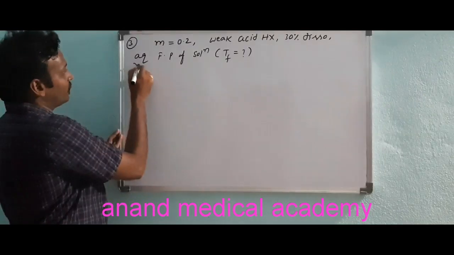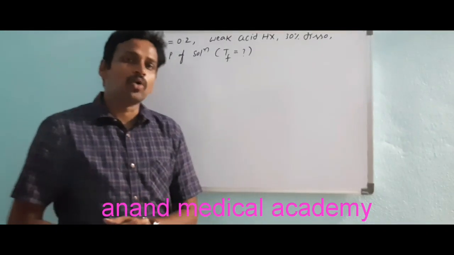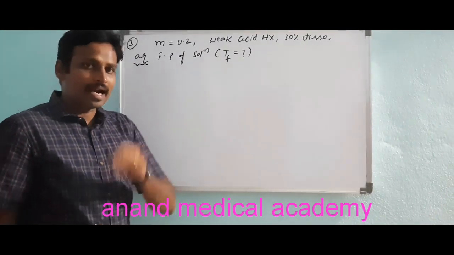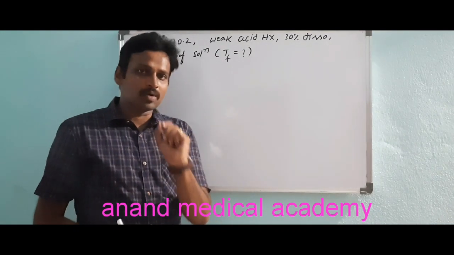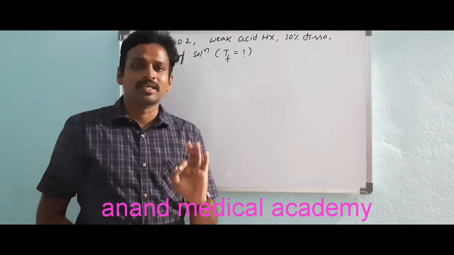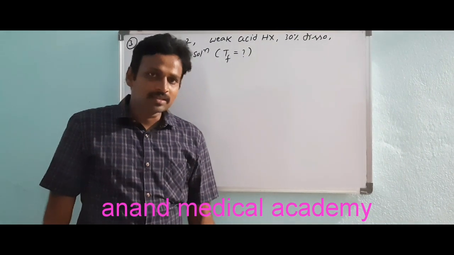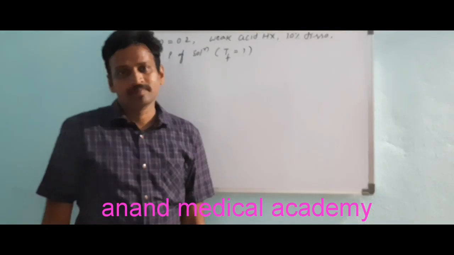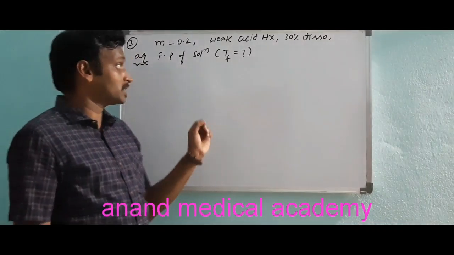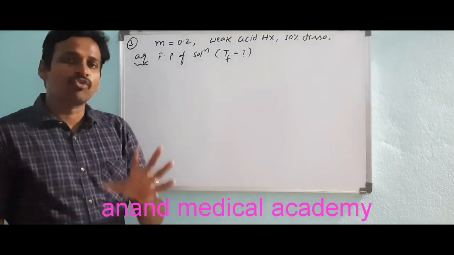That's better, and we have to use it also, because if we don't know what the solvent is, we don't know the solvent freezing point. I told you already, aqueous means the freezing point of the solvent you have to consider as 0 degrees Celsius, otherwise 273 Kelvin. If options are given in degrees Celsius, 0 degrees Celsius is the freezing point of water.